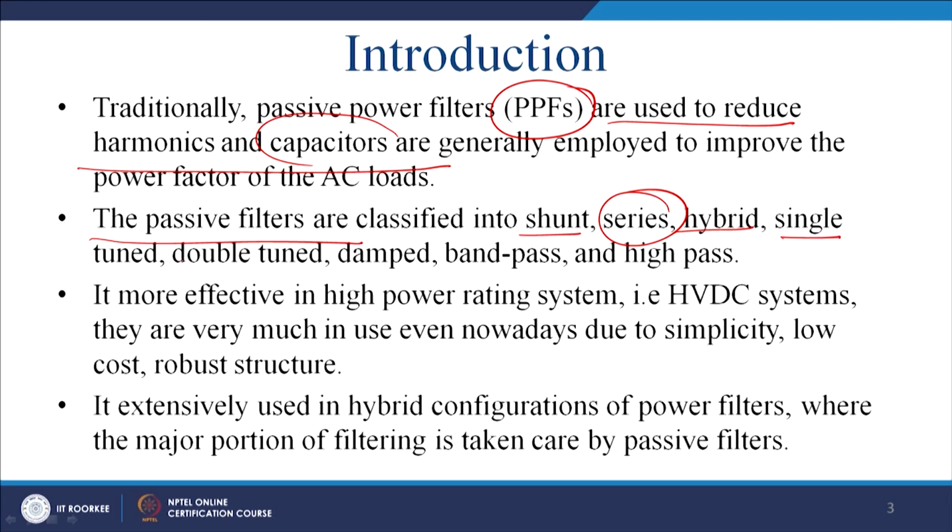Let us say it eliminates only the fifth harmonic, then it is single tuned. If it eliminates two frequencies, it is double tuned, because it may be eliminating the fifth and seventh. Sometimes it is required to be damped also, otherwise it will have a sustained oscillation, so you require to damp it out.